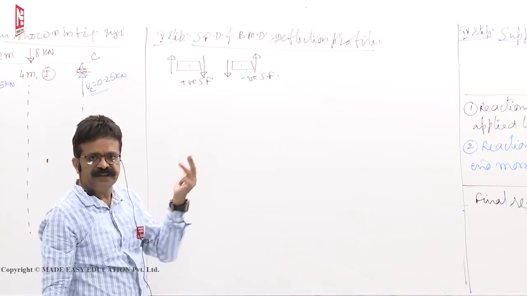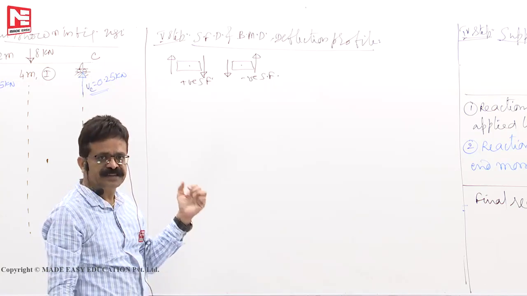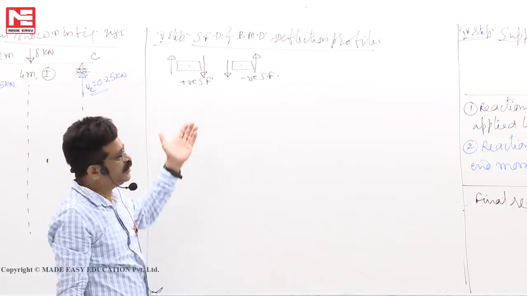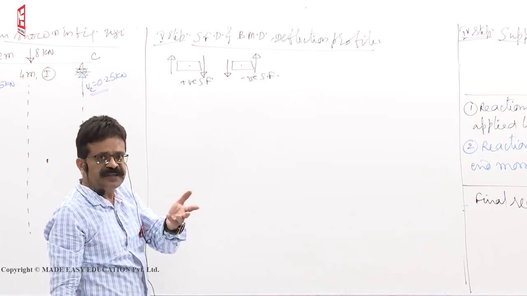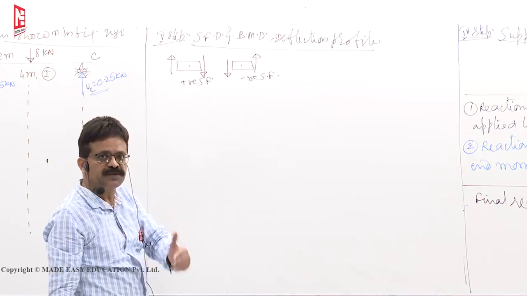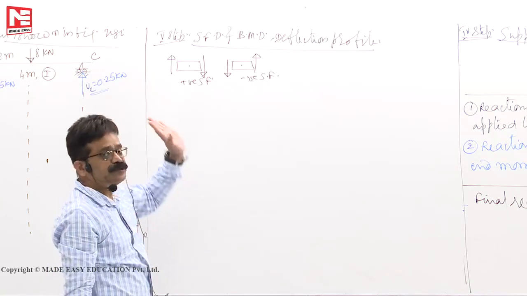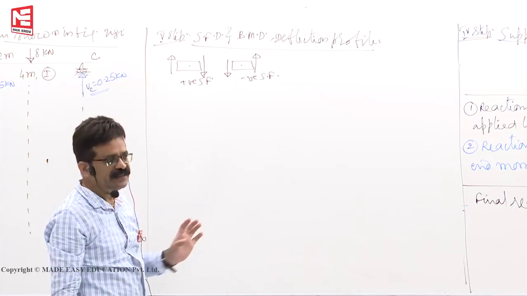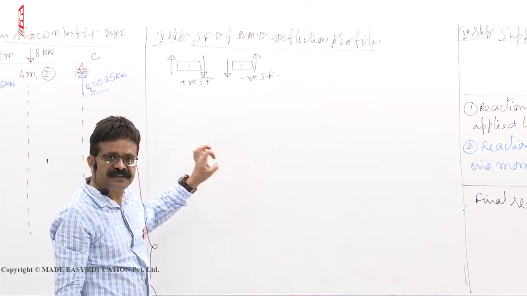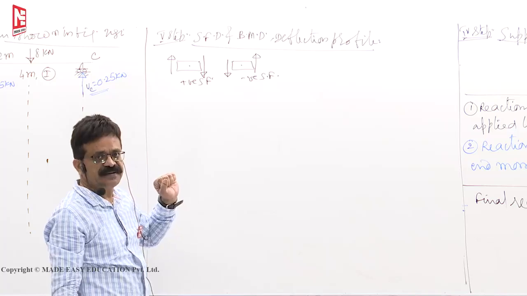That's what you have learned in Macaulay's method of double integration, strain energy method, and moment area method. In those methods, you calculated deflections due to bending moment only. Due to shear also deflections will come, which you have conveniently neglected, because those shear deflection magnitudes are very small.